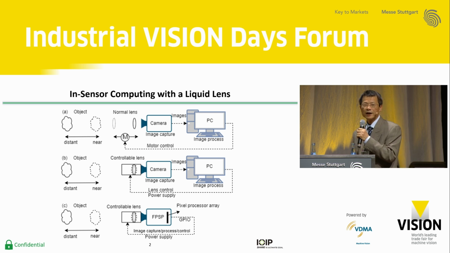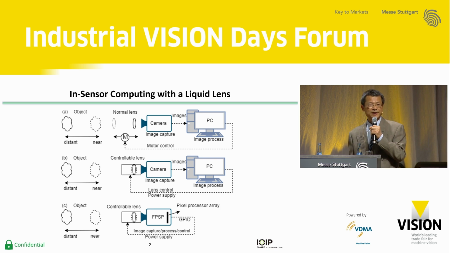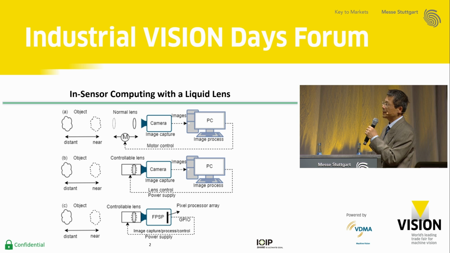Furthermore, we can have what we call the pixel-level computing sensor. With this, we can get the computation into the sensor so that when we take the image, the computation happens simultaneously.